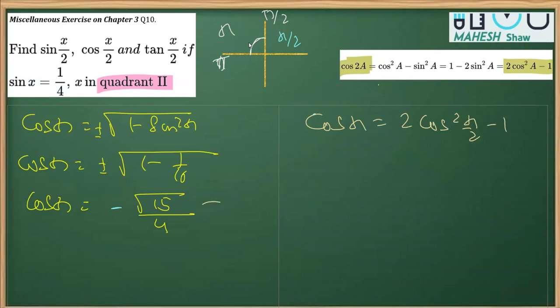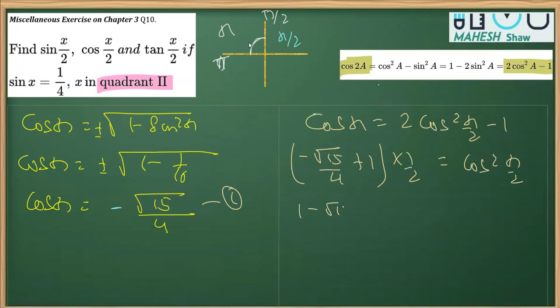If I replace the value of cos x as minus under root 15 over 4, transposing this to the right is plus, and then transposing the half to this side, we get the value of cos² x/2. On simplification, we get this as (4 minus under root 15) over 8. And if I transpose the square to the left-hand side, it will become plus minus under root. So we got the value of cos x/2.